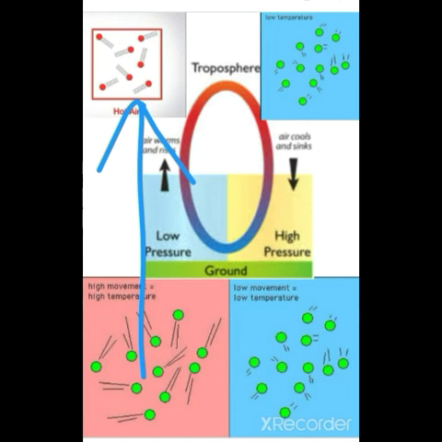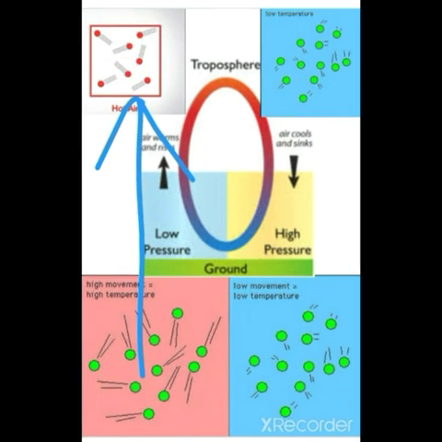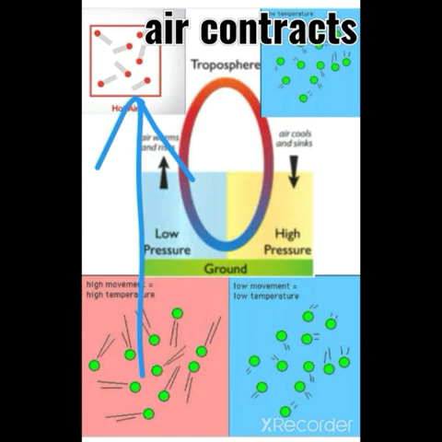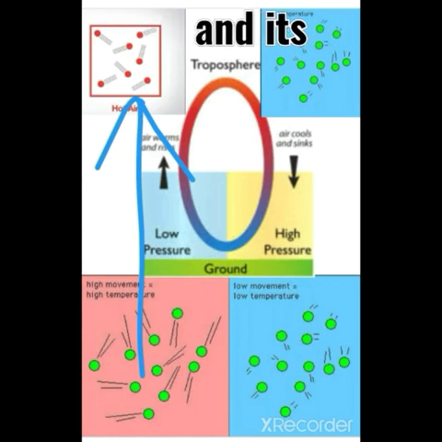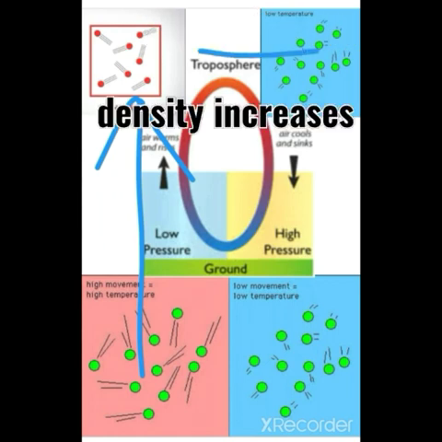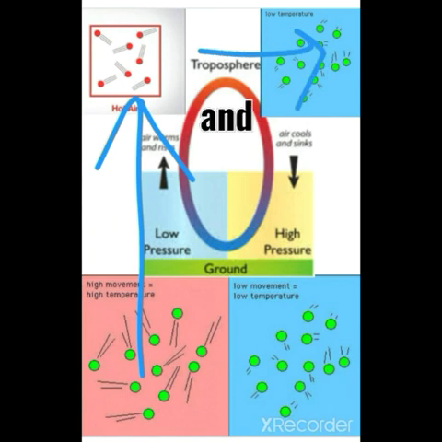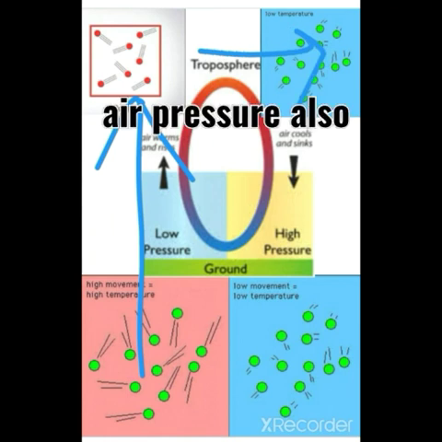Due to less energy, they move more slowly. Their movement's velocity decreases. As a result, air contracts and its density increases, and air pressure also increases.